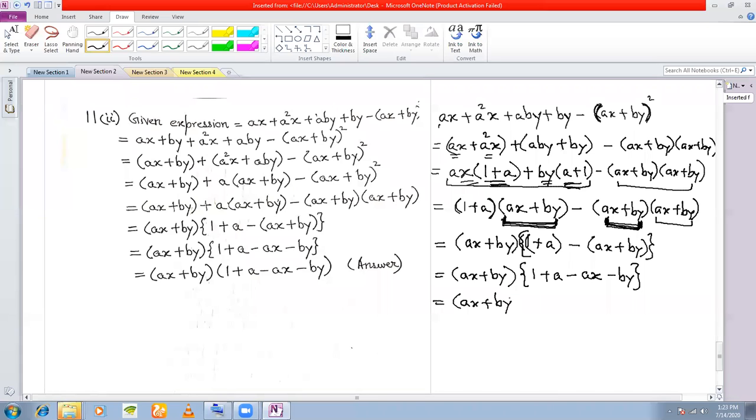So I did not understand from step 3. From first, second, this step. You mean this step, right? Yes, sir.